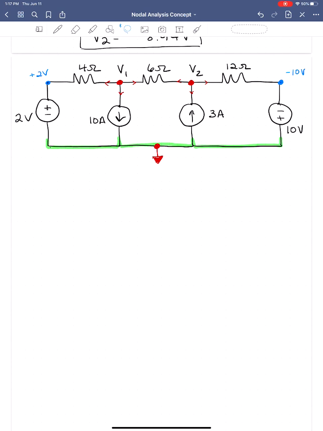Okay, so let's start with the sources. And we will use P is equal to V times I.